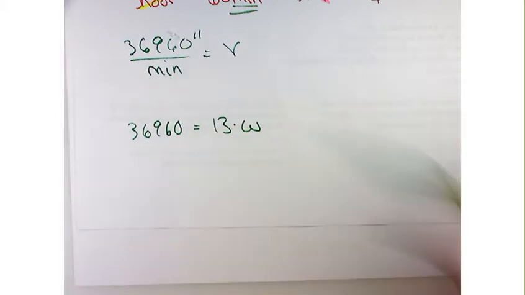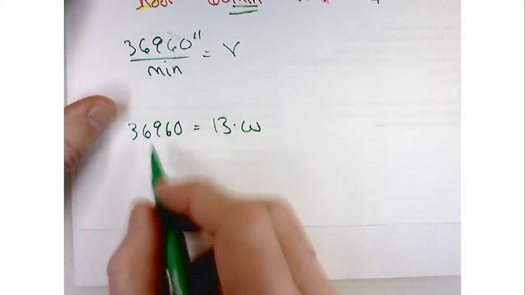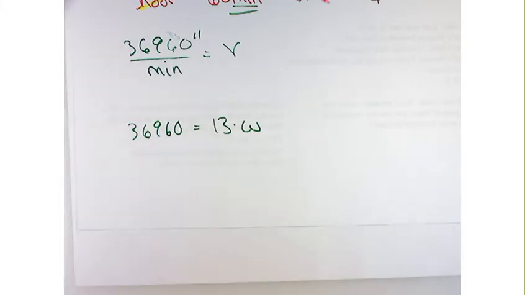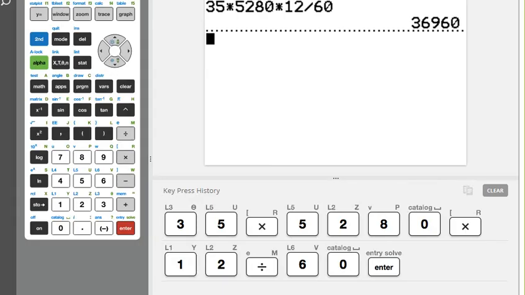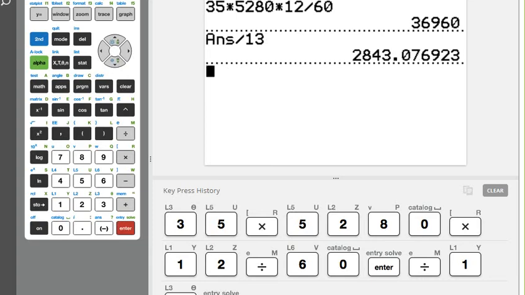That's just a quick little division problem. Let's take that number that should be on our calculator and hit the divide key. Divide by 13. And I get 2,843. Wow, that sounds like a lot.